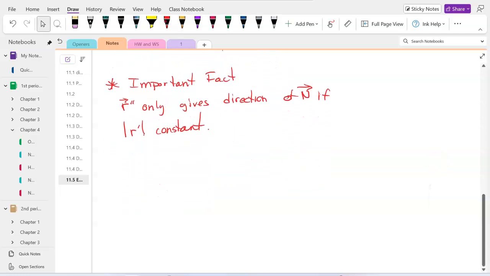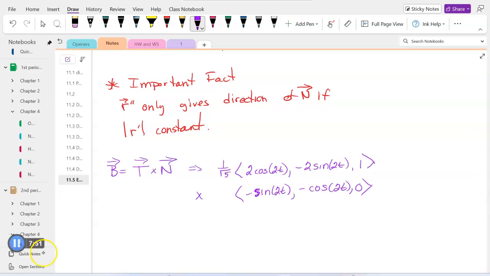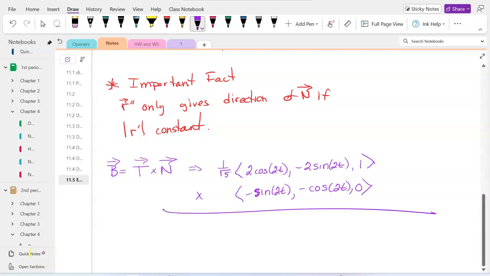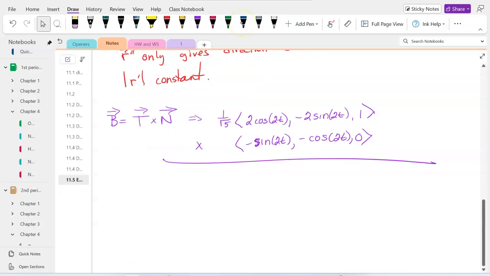so the next step is to find the binormal, and we must cross t and n. But before I go ahead and cross those two, I've got to ask you, why would you do that when you can easily do this?